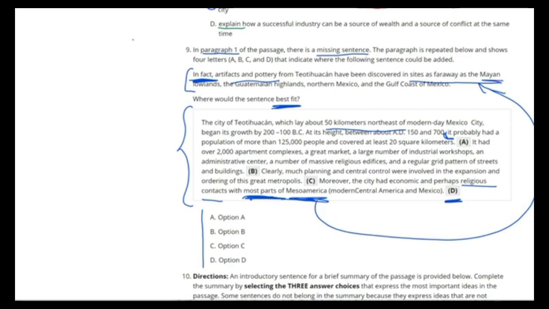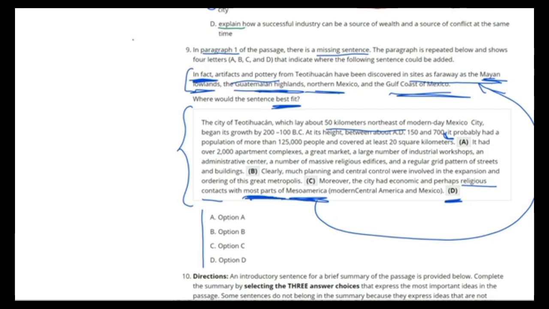They talk about the Mayan lowlands, the Guatemalan highlands, and northern Mexico, and the Gulf Coast of Mexico. This seems quite interesting. Let's read the sentence again and let's insert our sentence that we are given. Moreover, the city had economic and perhaps religious contacts with most parts of Mesoamerica, modern Central America, and Mexico. So we go on and say, in fact, artifacts and pottery from Teotihuacan have been discovered in sites as far away as the Mayan lowlands, the Guatemalan highlands, and so on.